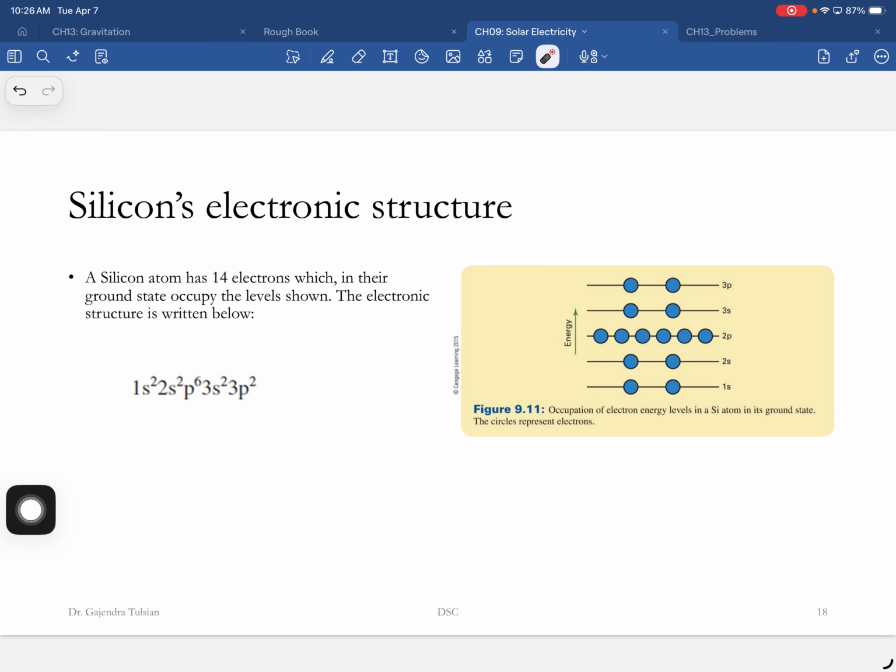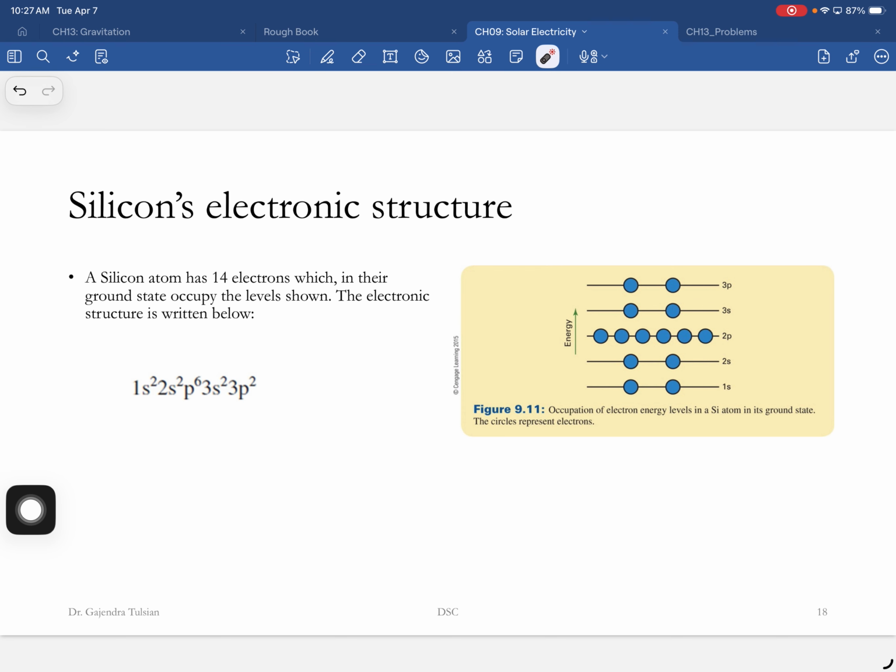Now, when you make a photovoltaic cell, like this, it is a crystal. You make it out of a crystal. There are billions and billions of atoms. So here's what happens. For a single atom, these are the energy levels, right?